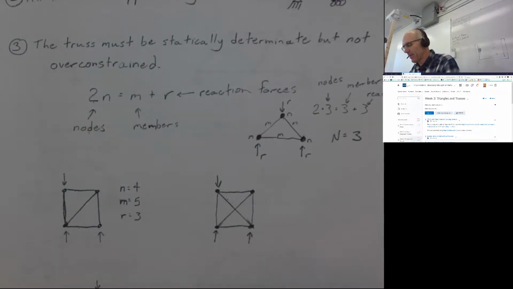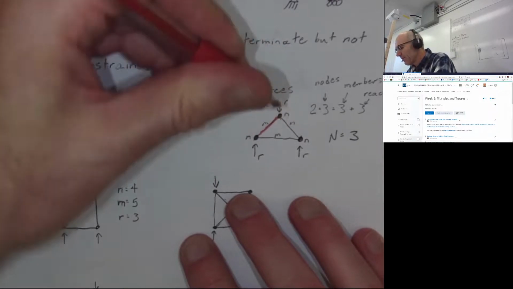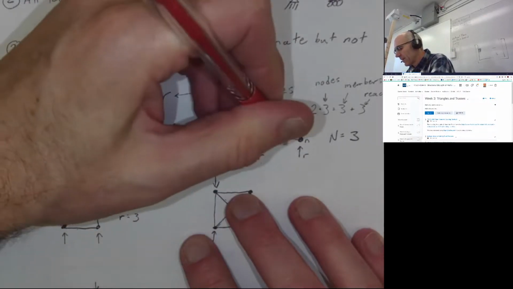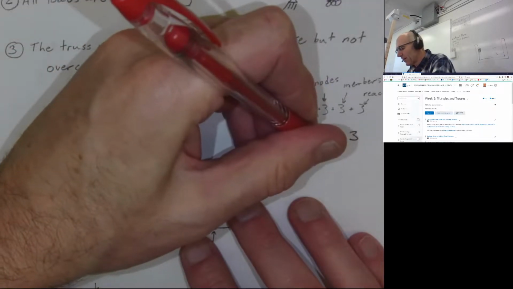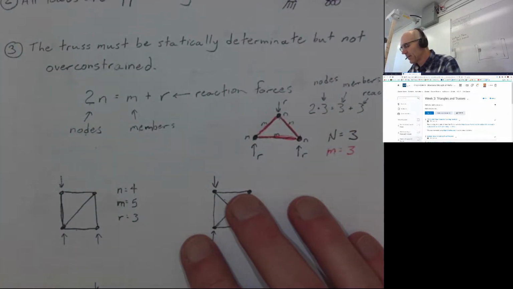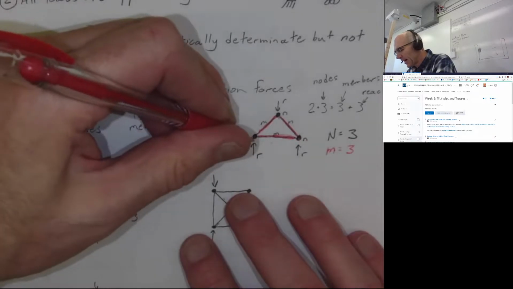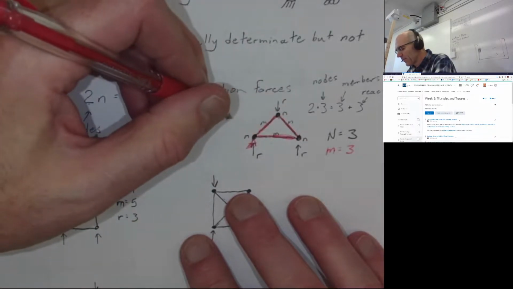Let me grab another pen here. So our members are right in here. There's 1 member, 2 members, and 3 members. Okay, so our members equals 3. And our reaction forces, well, right in here, we've got 1 reaction force coming up from the ground.